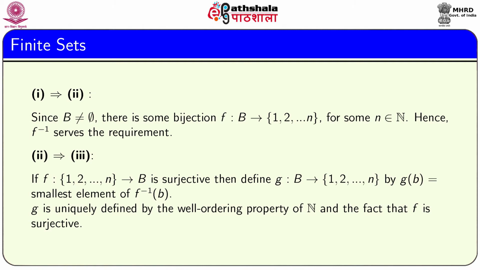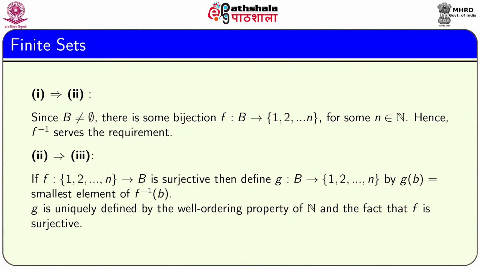So, it may not be a singleton. Since it is a surjective map, it may be a set containing more than one element. G is uniquely defined by the well ordering property of the natural numbers, and using the fact that F is surjective.